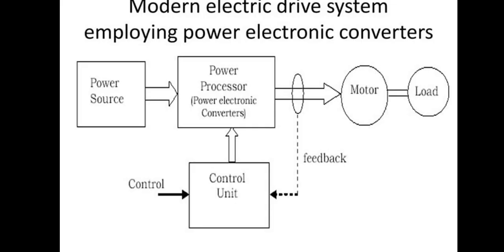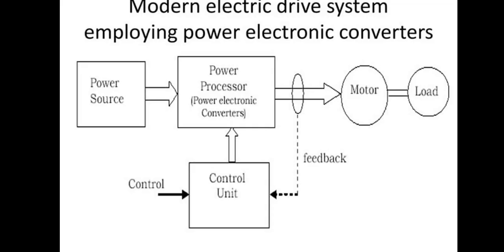Depending on the requirement, it can perform conversions like AC to DC as a rectifier, DC to AC as an inverter, DC to DC as a chopper, or AC to AC as a cycloconverter. The main objective of this unit is to supply the motor with the required voltage, current, and frequency for efficient operation.